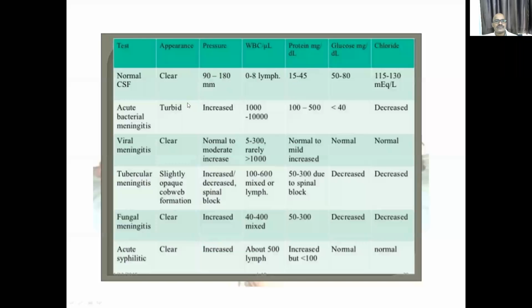But in case of acute bacterial meningitis, so meningitis can be bacterial meningitis, viral meningitis, tuberculous meningitis, or fungal meningitis. These are the various causes of meningitis. If the CSF is turbid, CSF pressure is increased, and the total count is between 1000 to 10,000, and most of the cells are neutrophils, then it is acute bacterial meningitis.